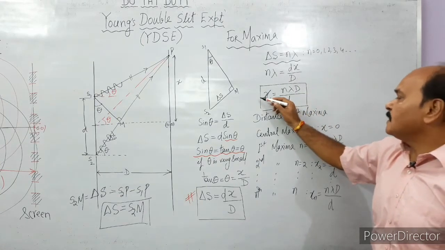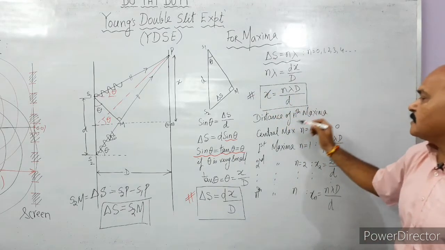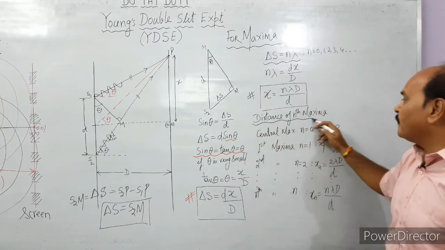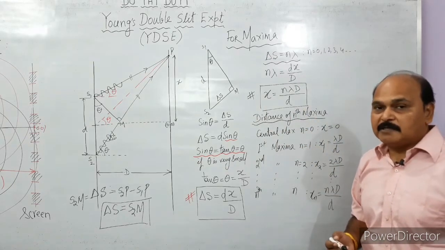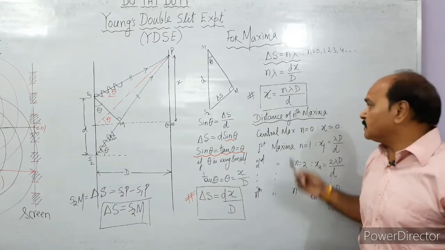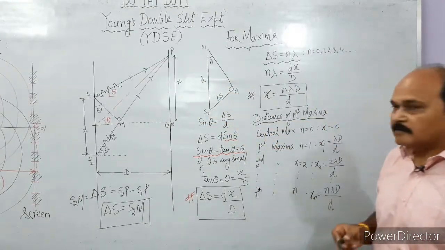We get x as n lambda D by d. What is this x? This x is nothing but the distance of the nth maxima, the nth bright band, over the screen from the center.